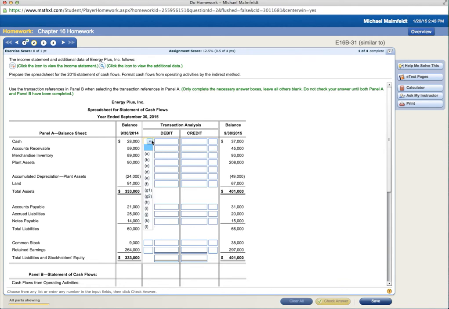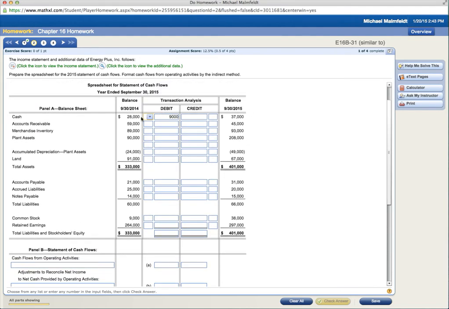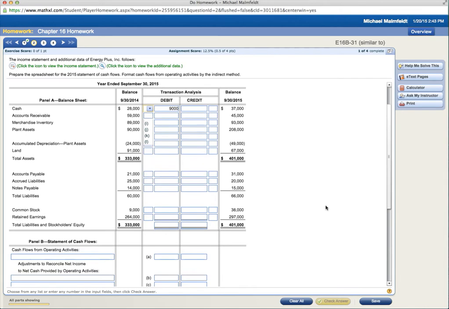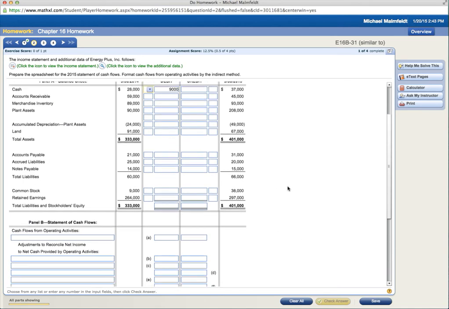I know that that is going to be a debit of 9,000, or at least that's one way, assuming that I only have one entry of getting from cash of this amount to cash of this amount, and theoretically there's going to be some transaction down here on panel B that is what got me from here to here, and so whichever transaction that is, A, B, C, D, E, F, G1, G2, H, I, J, K, or L, rather. That's what I would plug in there once I had all of these figured out.